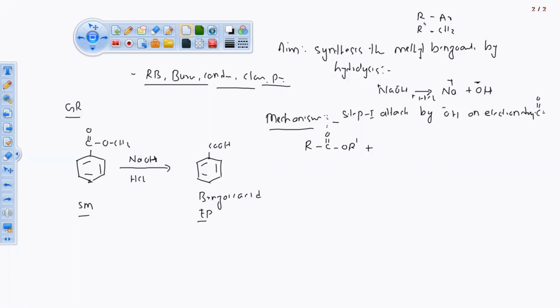The weakest bond which is there is the pi bond of the carbonyl. So it is the least stable one. It is not fully stable, but this one is stable because it is connected to the methyl group. Now where will our OH attack? It will attack at the weakest part. Which is the weakest part we have? This part.